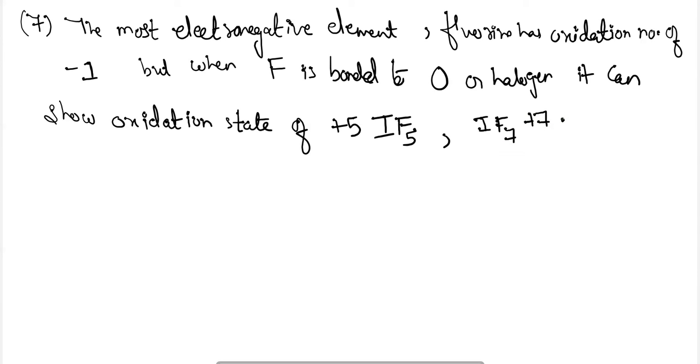So the oxidation state of fluorine can also be different in rare conditions, when it forms a bond with other halogens or with oxygen.